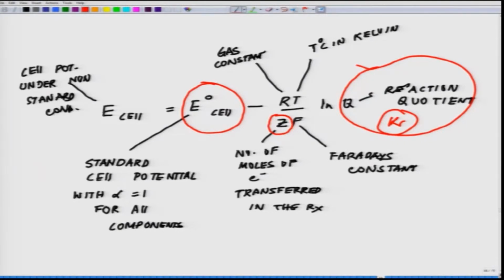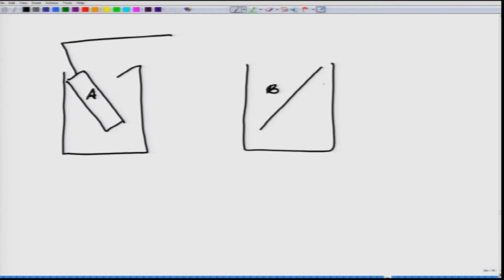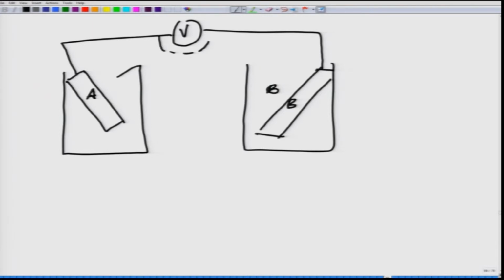But what I am going to highlight here is that, as of now, whenever we talked about cells, we talked about, for example, an electrode A and an electrode B. It is connected to a voltmeter where you are measuring, or you can directly connect it and bypass it.